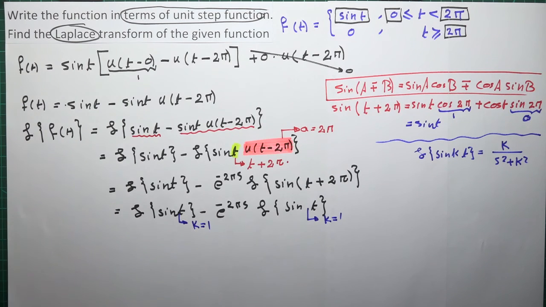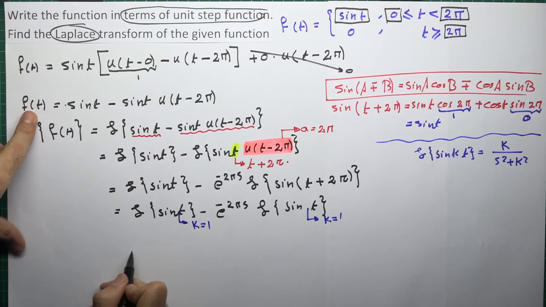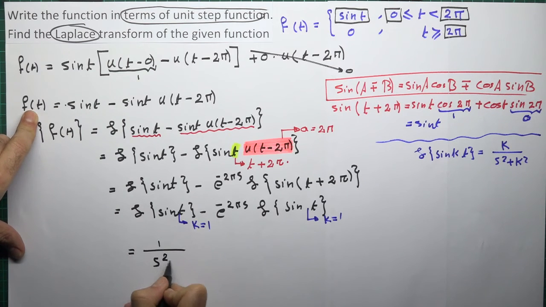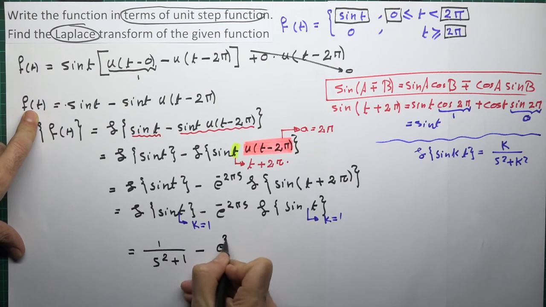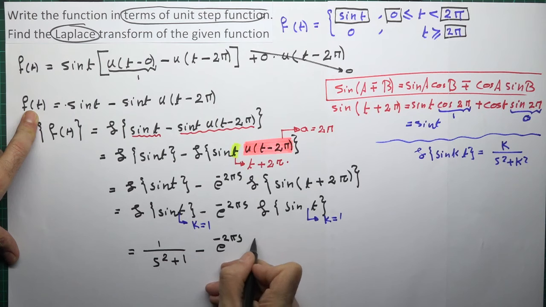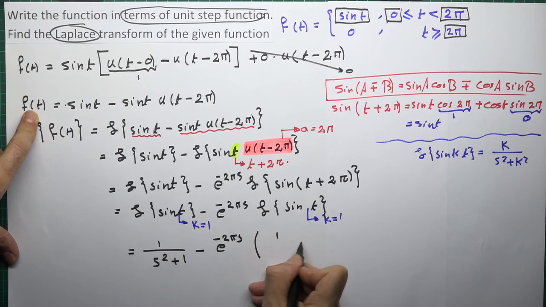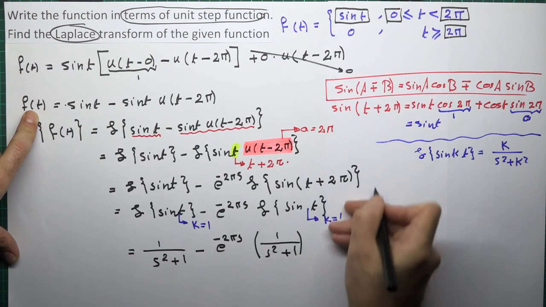So it will be 1 over s squared plus k squared يعني plus 1 minus e to the minus 2 pi s times أيضا 1 over s squared plus k squared يعني plus 1.